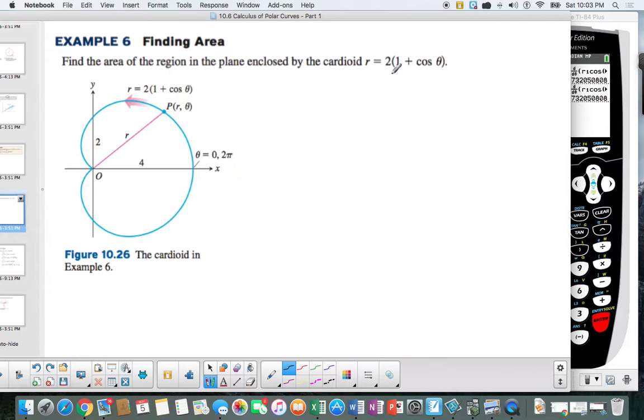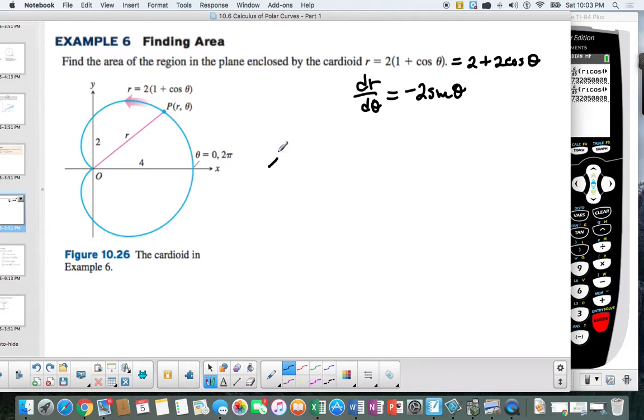We need r, which is already here, and we need dr d theta. And that'll be equal to, well, this is going to be equal to 2 plus 2 cosine theta. So this will be negative 2 sine theta.